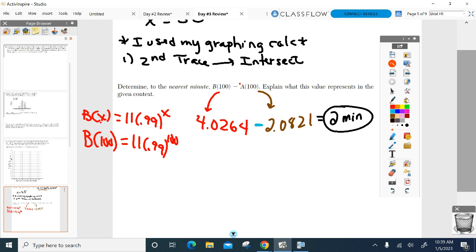Six points right there. All right. And I would say probably 4 out of 6 is just using your calculator, the graph, and the intersection.